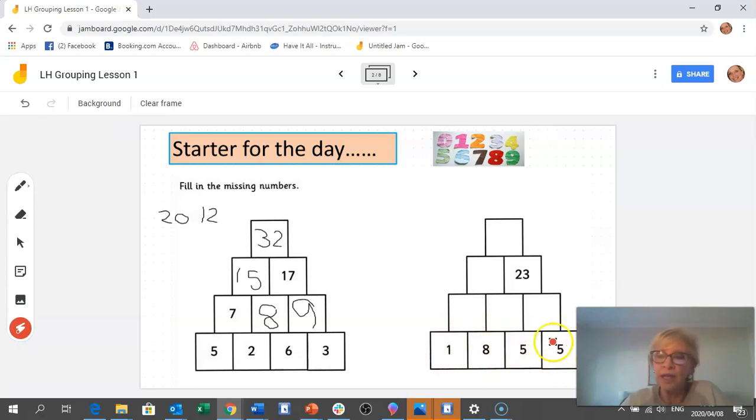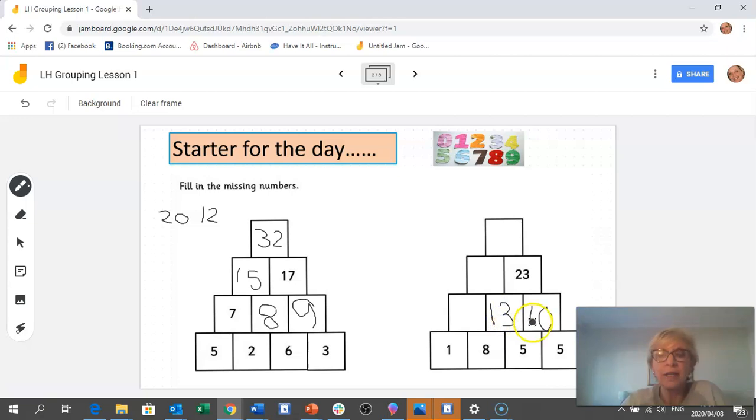So I'm going to start with these ones here, the 5 and the 5 and the 8 and the 5, because it heads towards 23. So let's see if I think it's 5 plus 5 equals 10. I think you've got to add them, but let's just double check that that is right. If that is 10, then 8 and 5 is 13.